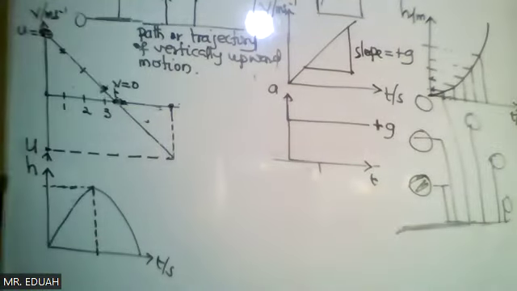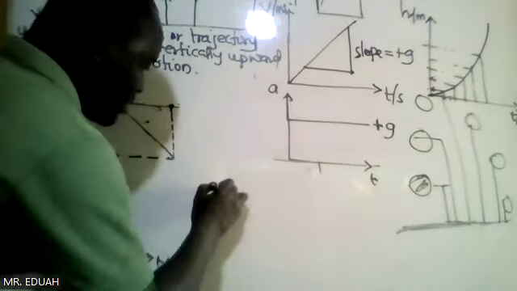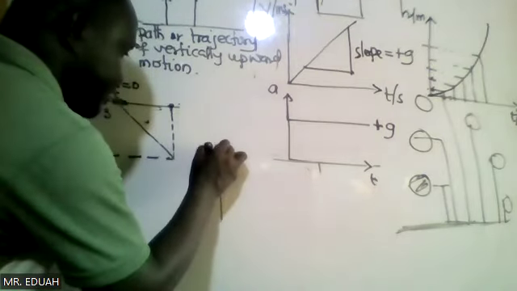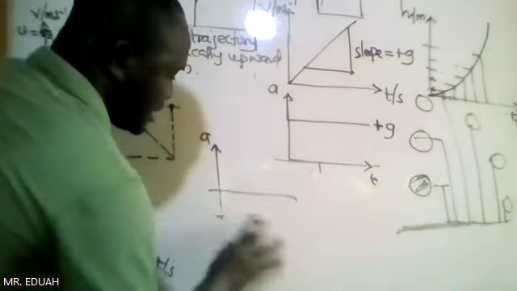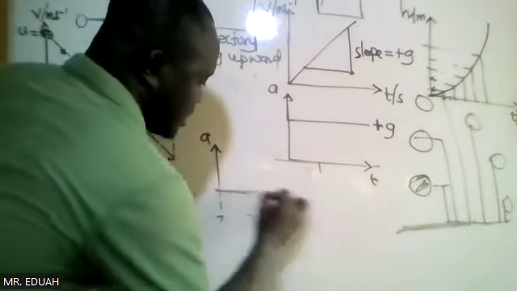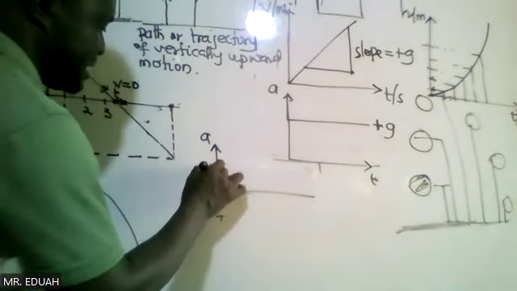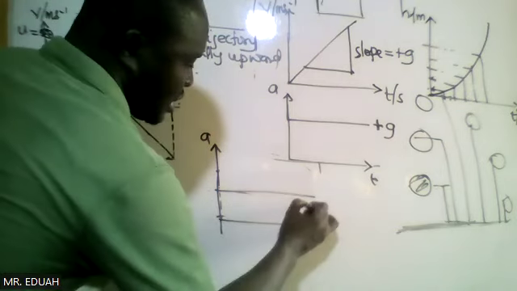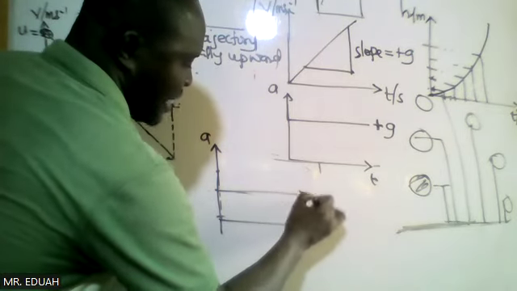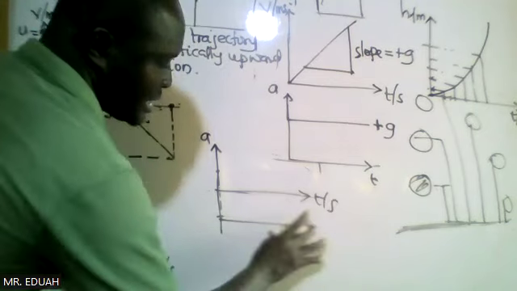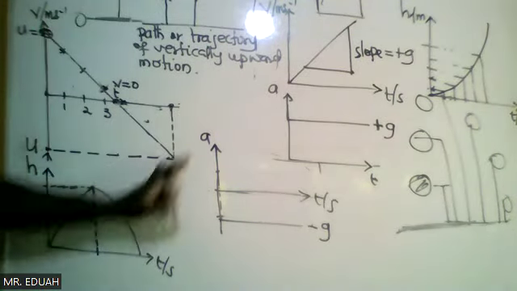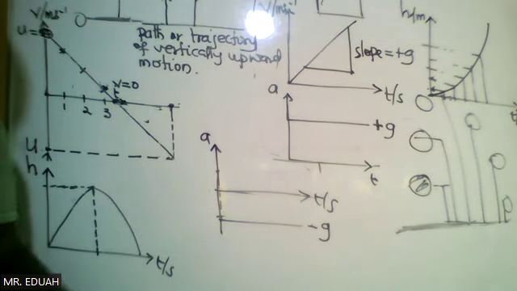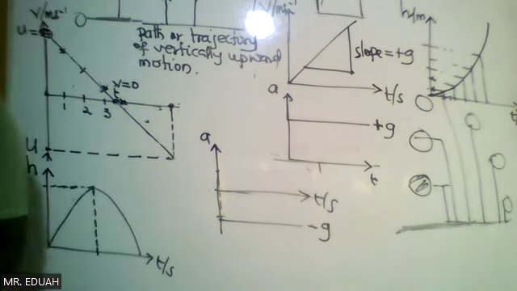So its acceleration time graph is vertical acceleration against time. But the acceleration is constant due to gravity, but it's negative. So it will be along the negative axis. So this is minus g, the acceleration time graph for an object thrown vertically upwards.